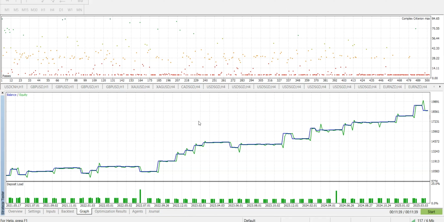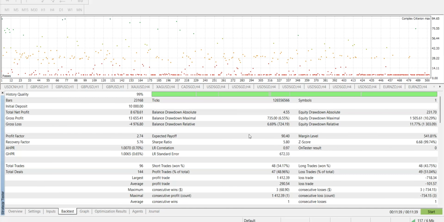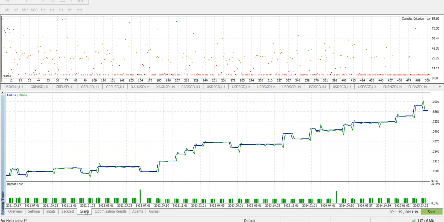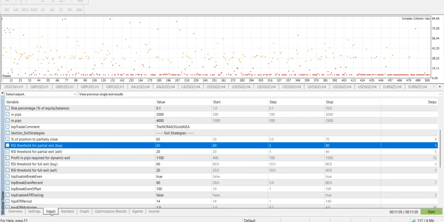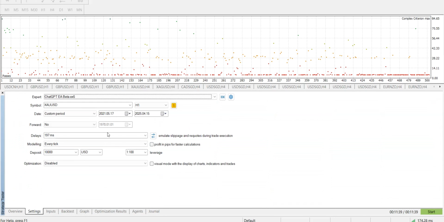It is the every tick test, and it is just perfect. I can't say anything bad about this. So the good news is we can still use fast optimization and testing. We don't have to always test with every tick.